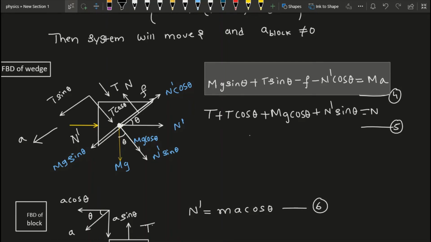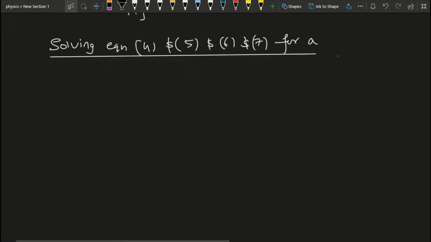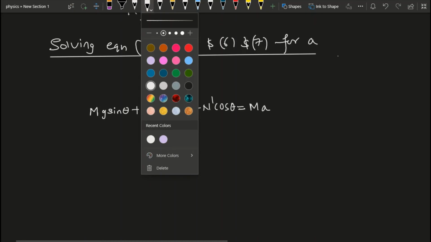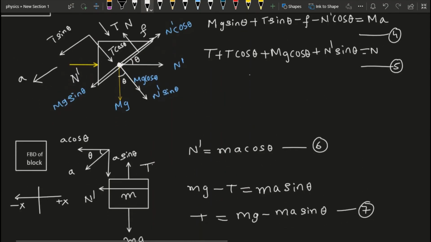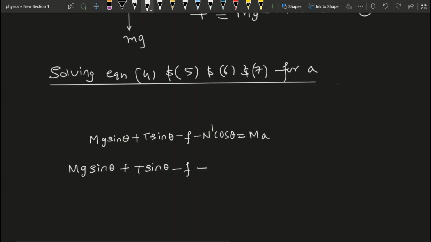Let us take the fourth equation first, and I am using that equation here. So this is the fourth equation that I got, and in the place of n dash, what I have to write? I have to write ma cos theta. So mg sin theta plus T sin theta minus the friction minus, what is n dash?